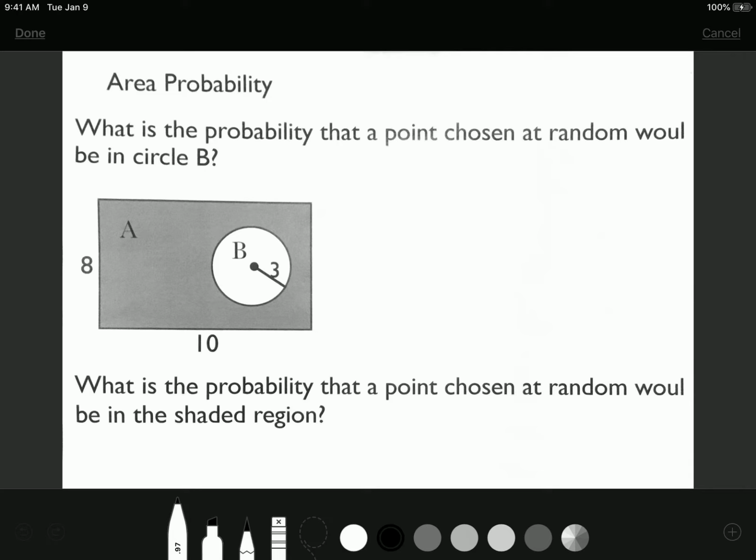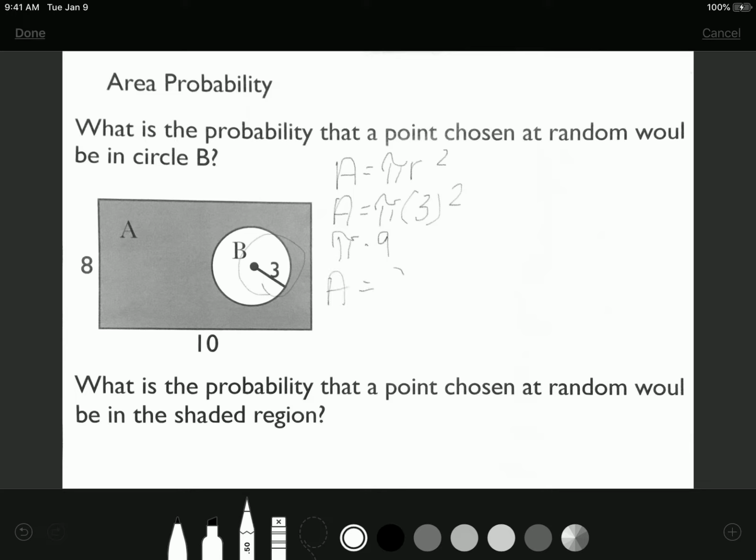If we take a look, let's find the area of our circle first, right? So we're going to take pi times 3 squared, because 3 is our radius right here. So that's pi times 9.